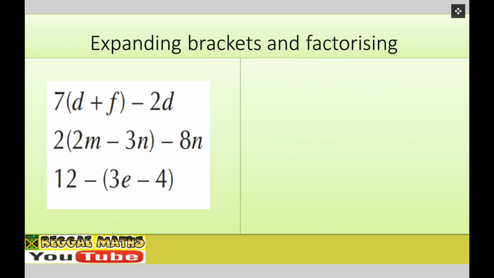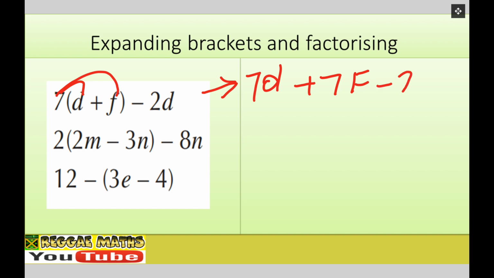Okay, this is exactly the same here. So the number is in front now. So the only number in front here is 7 for the first one. So basically you're going to do 7 times d is 7d. 7 times f is 7f minus 2d.